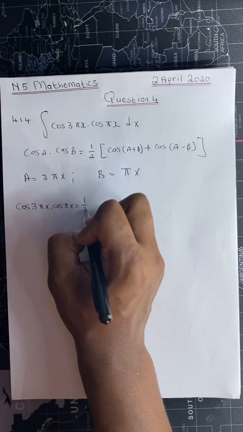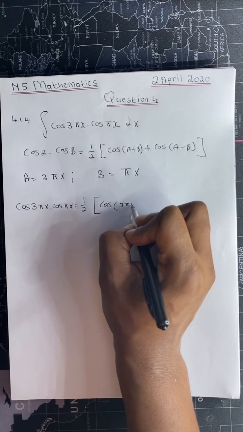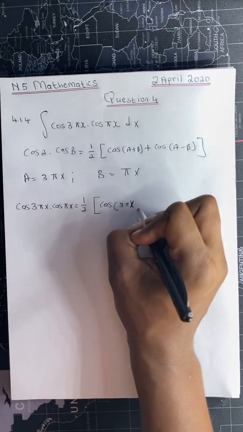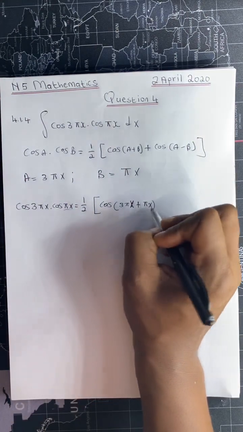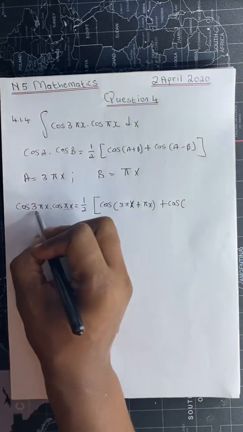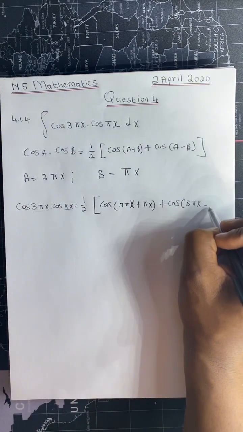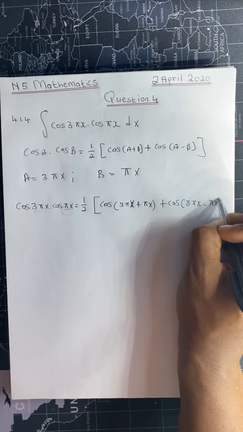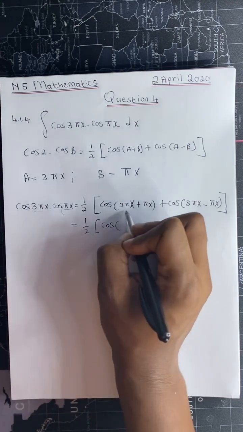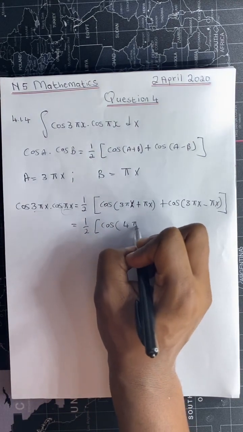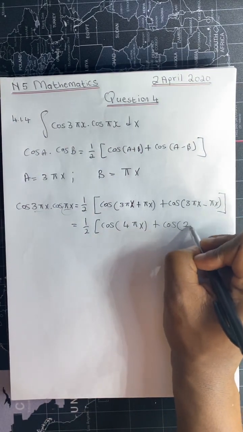This will be equals to 1 over 2 into cos of 3 pi x plus pi x plus cos of 3 pi x minus pi x. 3 pi x plus pi x is equals to 4 pi x, plus cos of 3 pi x minus pi x will be 2 pi x.